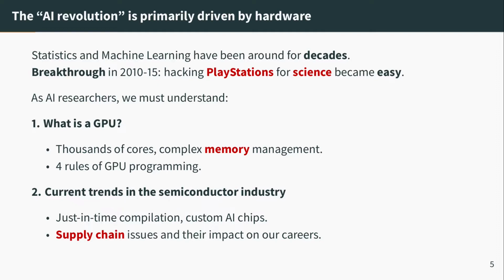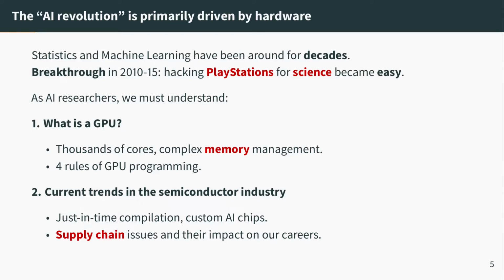Then I'm going to show you maybe 4 rules of GPU programming that I think are easy to understand as mathematicians, as engineers, but that hopefully can allow you to understand the main trade-offs here. And then, after a short break, I'm going to talk about the current trends in the semiconductor industry. I think it's important to understand that because we are completely tributary to the progress in this field.